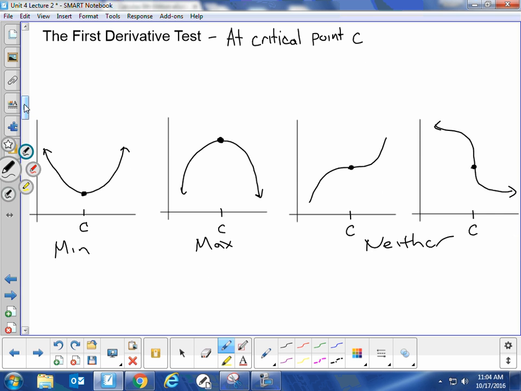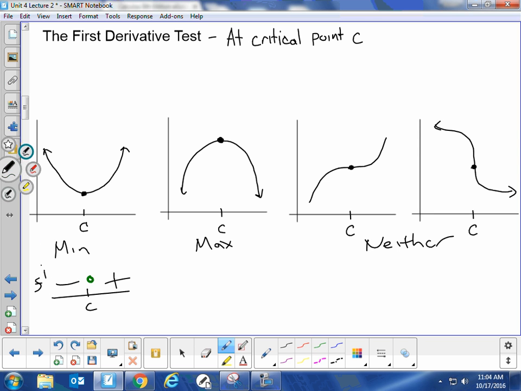Now, this is what we're going to do. We're not going to be given the graph. We're going to be given an expression of x's. We will be able to find that the critical point is at the location. In this case, we'll just say the critical point's at C. But then what we will do is we will analyze the signs of your derivative around C. And in this situation, you would see that f prime would go from negative to positive through a 0, where your critical point is located.